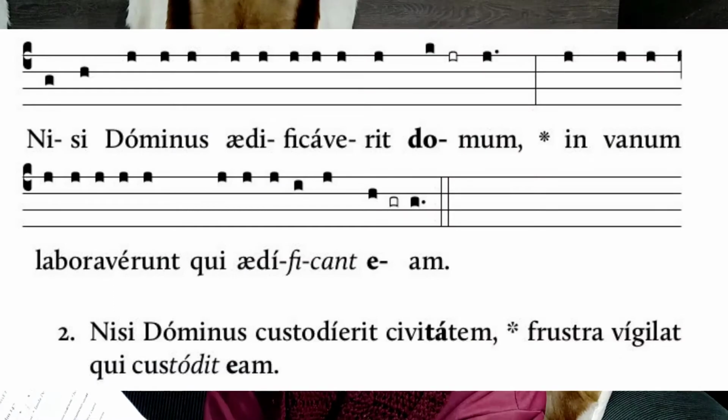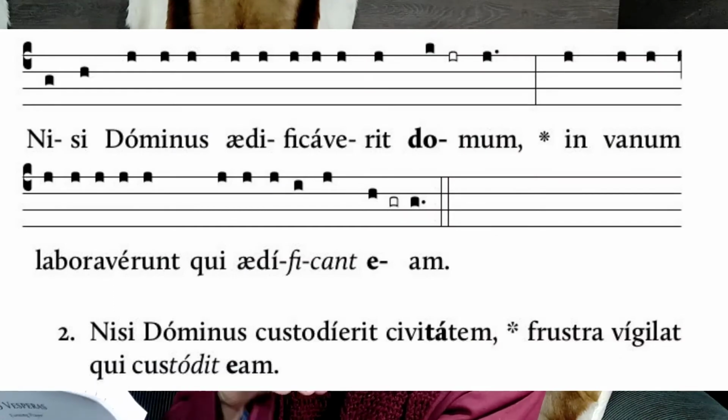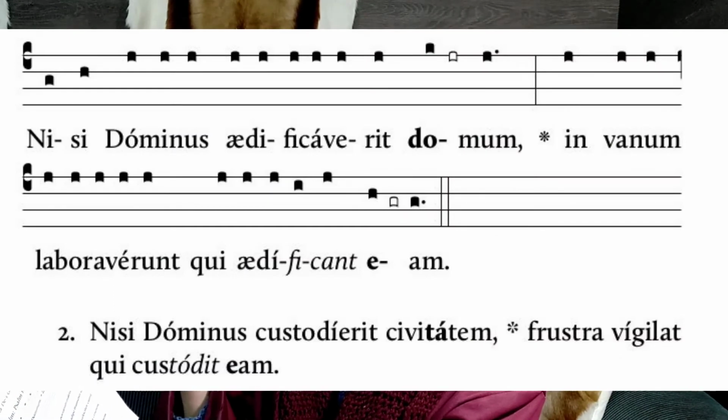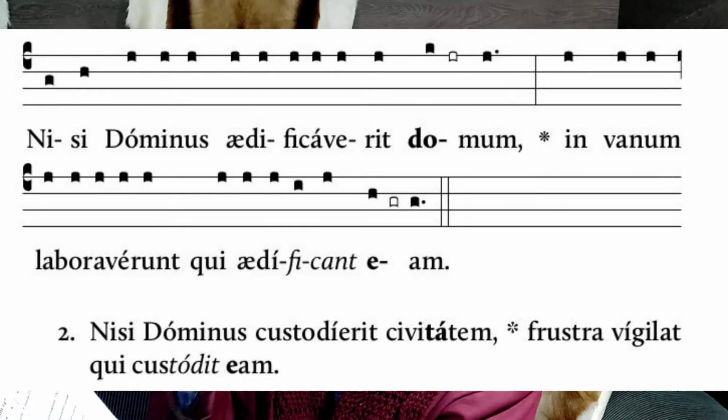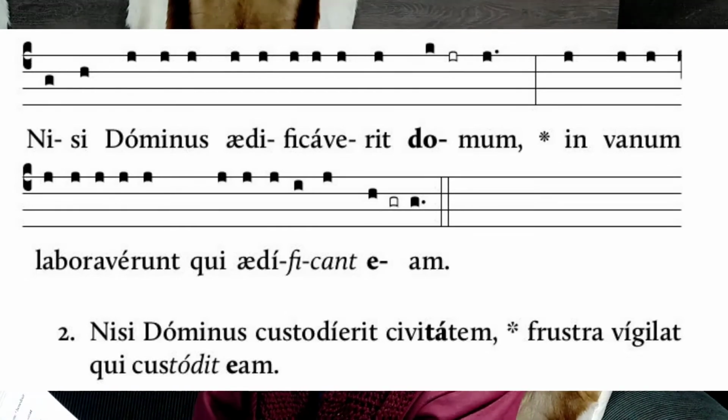Okay, so we've talked about mode 8, we've talked about mode 2, we've talked about Magnificat, but we haven't talked about using it as a psalm tone. It's really simple. So let's flip back to Psalm 126. It has a mode 8 antiphon with it. So we sing it, Nisi Dominus aedificaverit domum, in vanum laboraverunt qui aedificant eam.